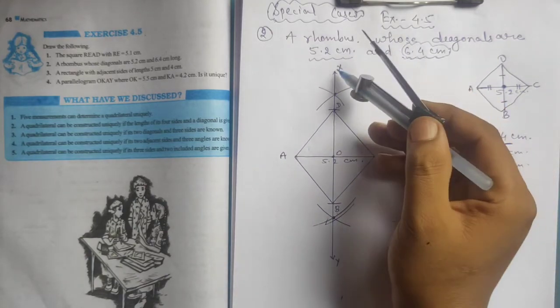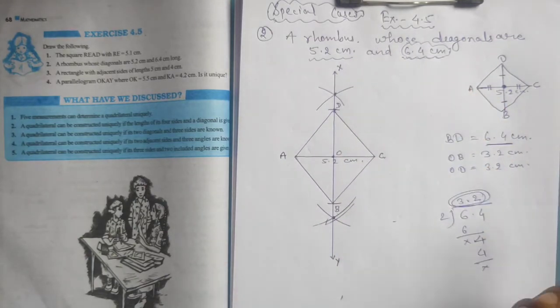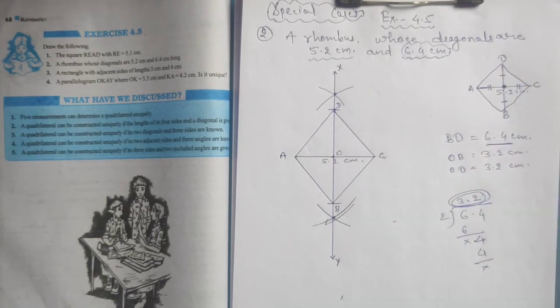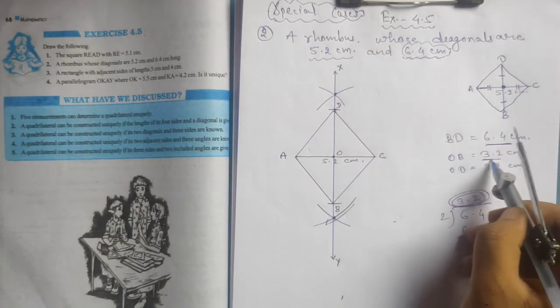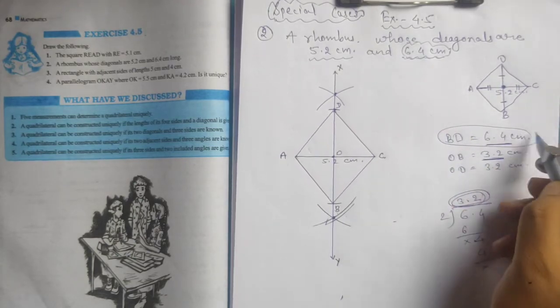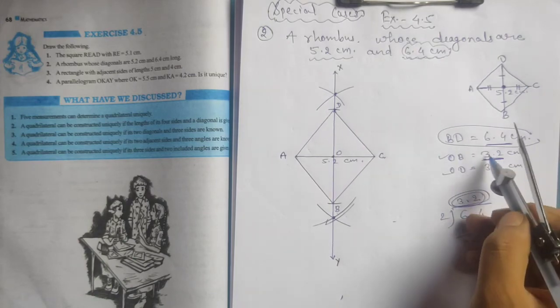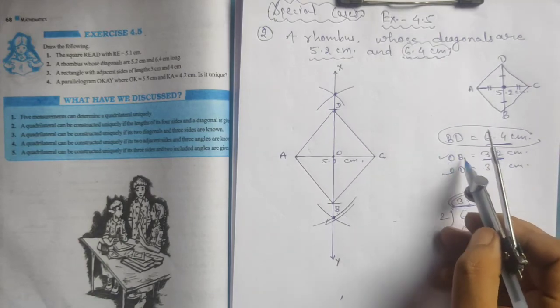Then we got the perpendicular bisector line XY. Now we took an arc of 3.2 centimeter because BD is equal to 6.4 centimeter, and that's why we took half of it, that means 3.2 centimeter as OB and OD.